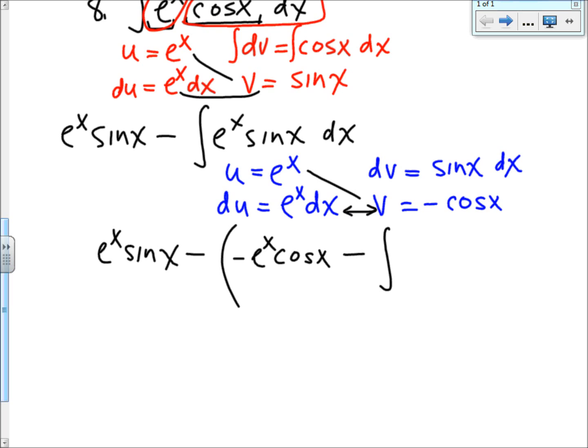I'm going to think ahead a little bit here. I've got a negative cosine of x and an e to the x dx, but I also have a negative sitting out here. So I can make that positive. I'm trying to take a few shortcuts here. This negative right here is going to take care of this negative right here. So that's how I can make that plus. Then it's going to be e to the x cosine of x, and again the dx is on the bottom side, and close my parentheses.